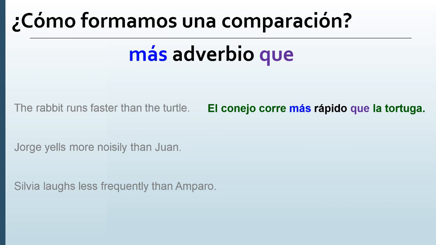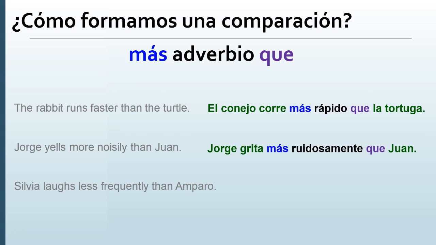All right, again, pause the video, complete Jorge and Silvia, and then press play to check your responses. Muy bien. Jorge yells more noisily than Juan. Hopefully you remember that yell is gritar, and that noisily is ruidosamente. So we're going to have Jorge grita más ruidosamente que Juan.